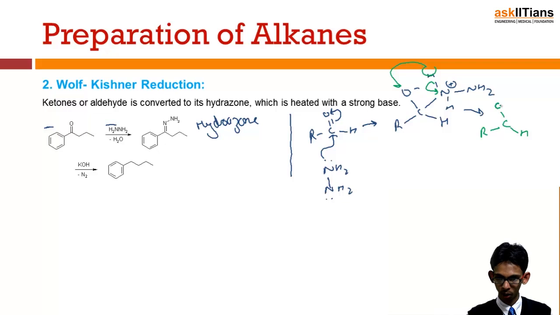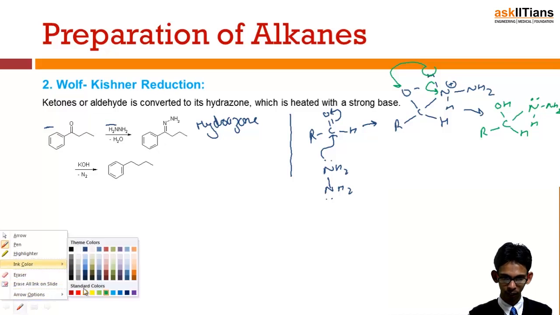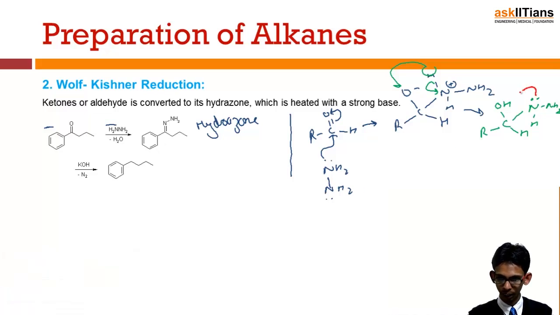This becomes OH and this NH2. Now again it has a lone pair of electrons. So in the next step, this hydrogen comes at this place, and this OH and this hydrogen come out in the form of a water molecule, and the product which is formed is RCH double bond NH2, and this is called hydrazone.